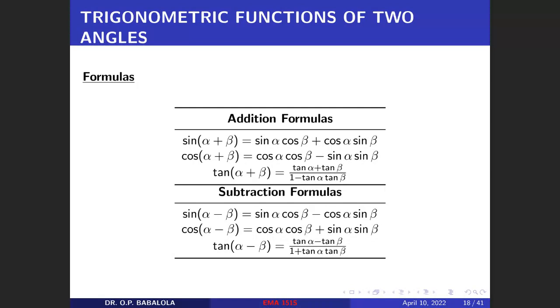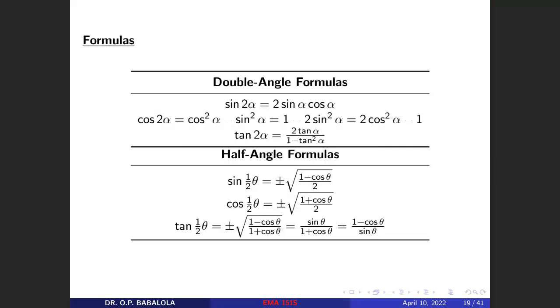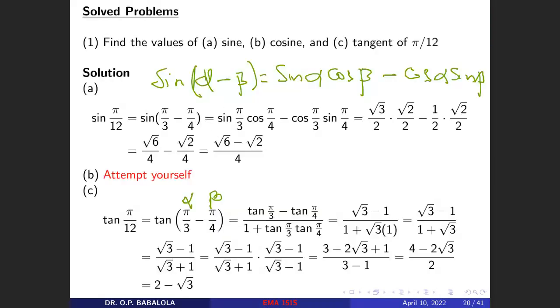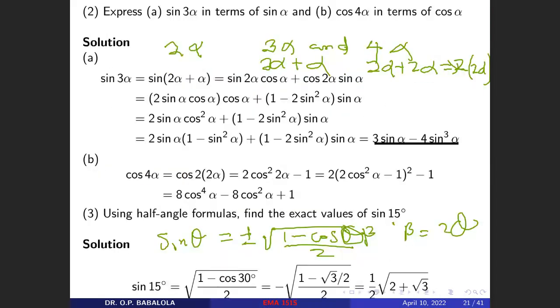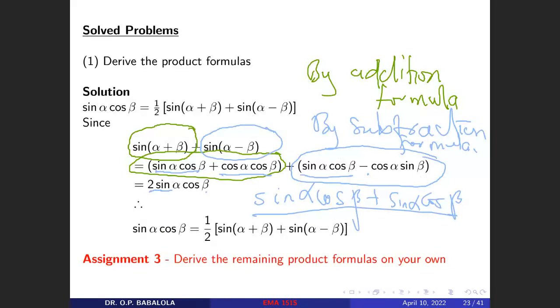Look, sine alpha plus beta is equal to sine alpha cos beta plus cos alpha sine beta, right? Now look at what I've written here, and nobody pointed this out to me.